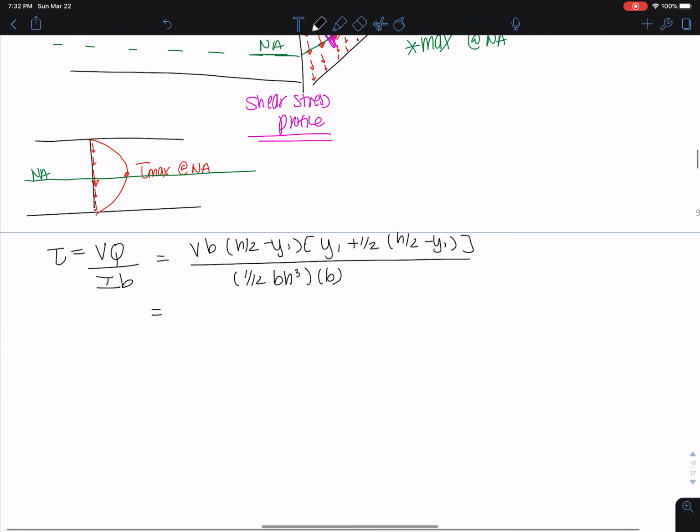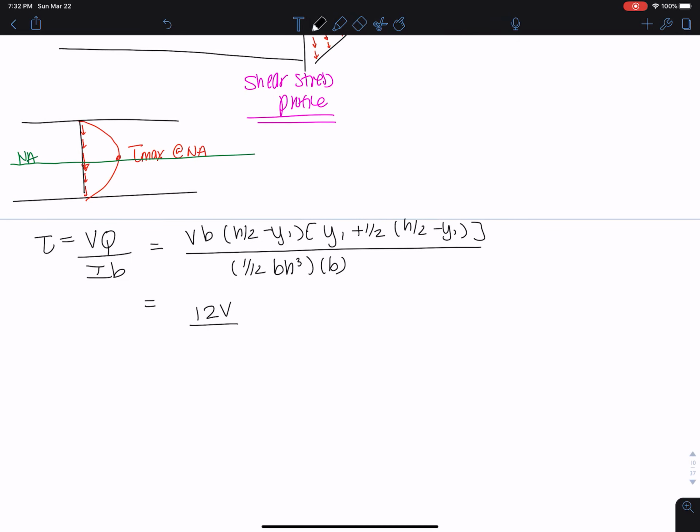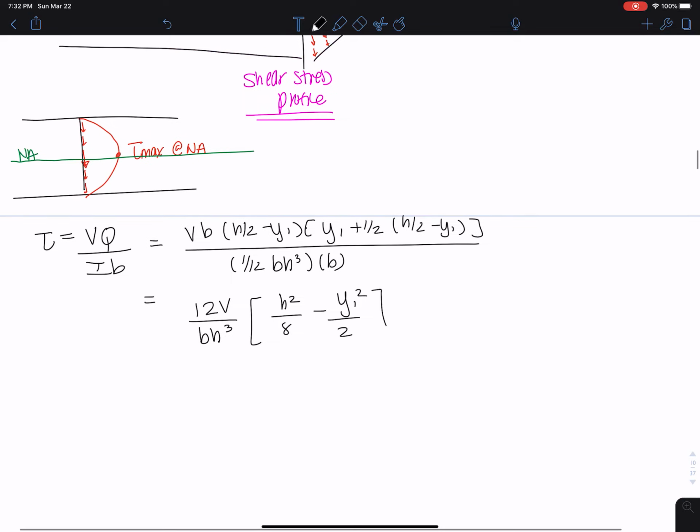Okay, once we plug everything in, let's continue. We end up getting 12V over BH cubed times H squared over 8 minus Y1 squared over 2. And then we can solve further and we get 6V over BH cubed times H squared over 4 minus Y1 squared.